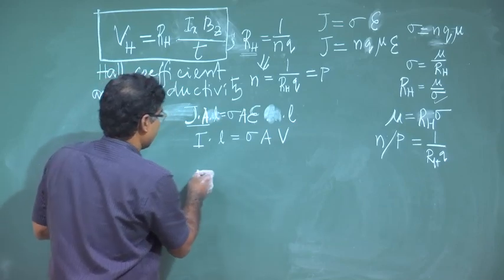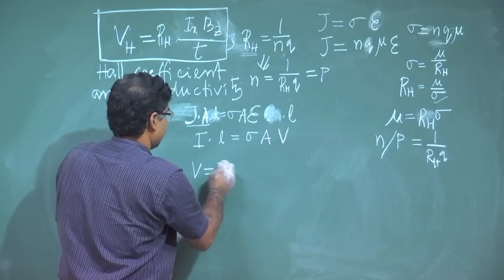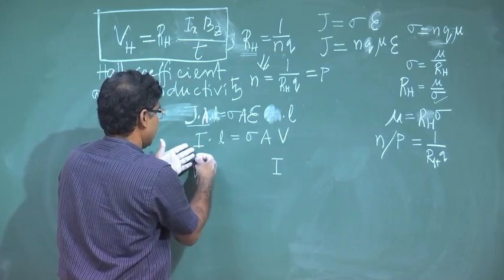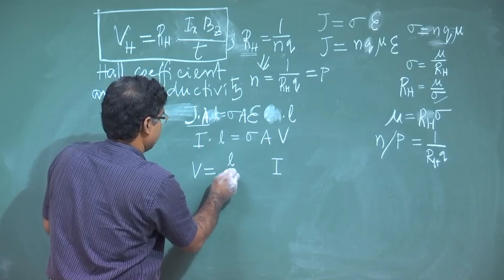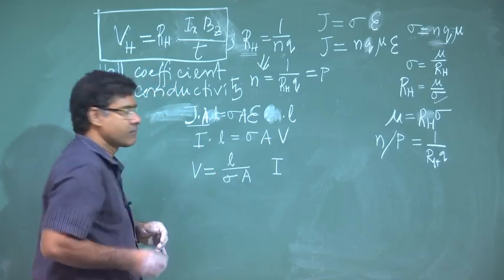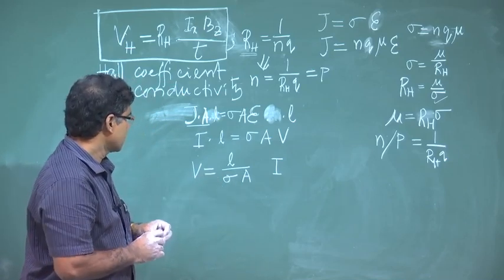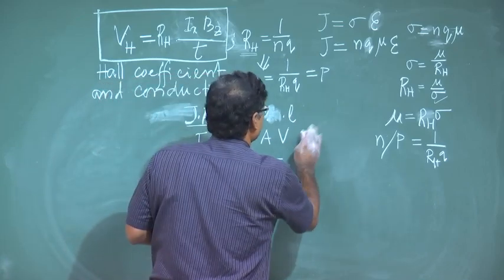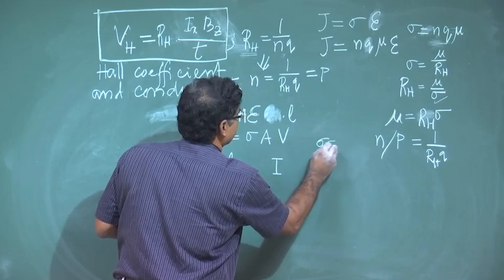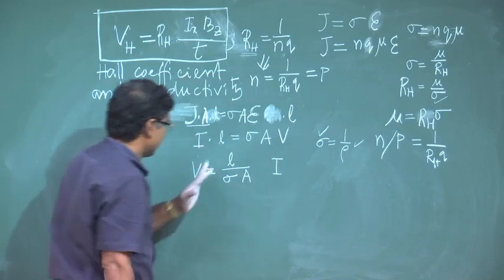Then what I can write, V equal to I L by sigma A, right. Sigma one can write equal to 1 by rho, resistivity. So, conductivity, resistivity, whatever, fine.